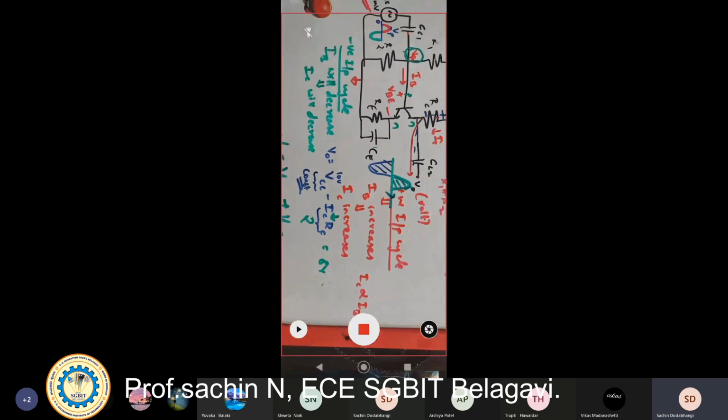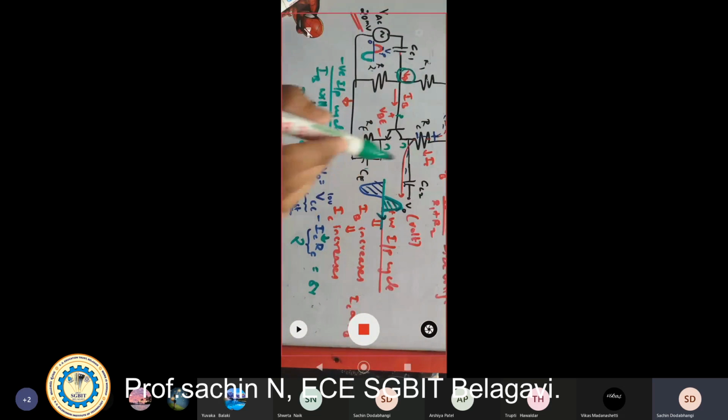What are the functions of these two capacitors, CC1 and CC2? What do you call these capacitors?